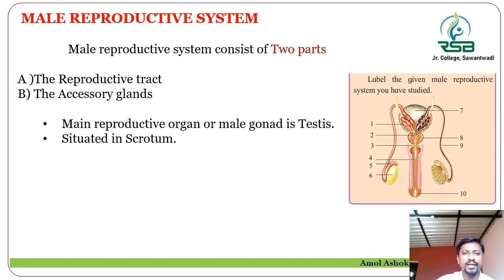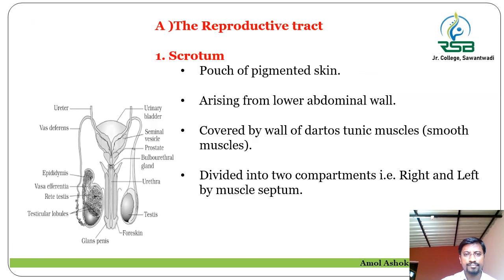These are the various parts of the human male reproductive tract. And there are three accessory glands: the seminal vesicle, prostate gland, and Cowper's gland. So let us come to know the human male reproductive tract one by one.